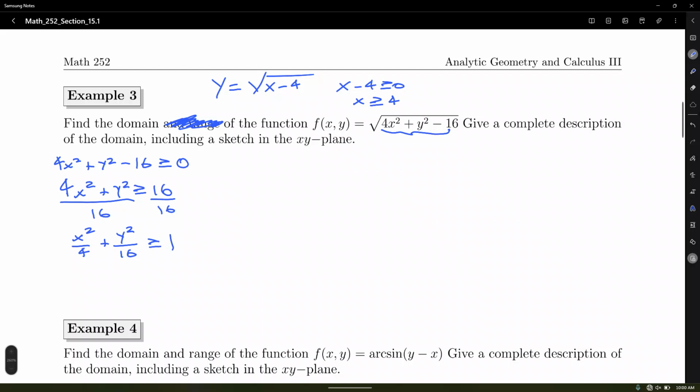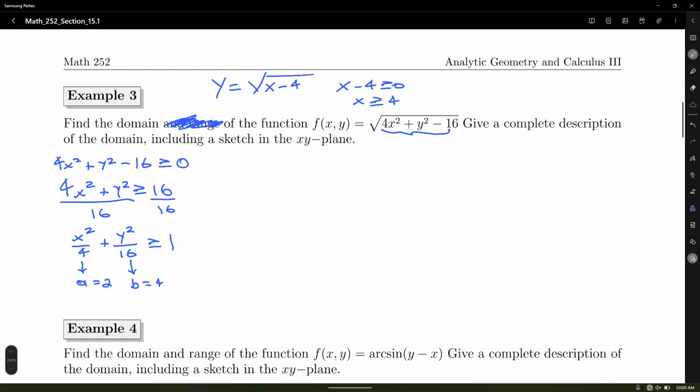All right. What does that remind us of? X squared over 4 plus y squared over 16. And let's pretend the greater than or equal is an equal only, equal to 1. What is that? It's an ellipse, right? It's an ellipse where a equals 2 and b equals 4. Well, plus minus, technically. That means this a and b are going to give us the intercepts, in a more straightforward fashion in this case, because this ellipse is centered at the origin.